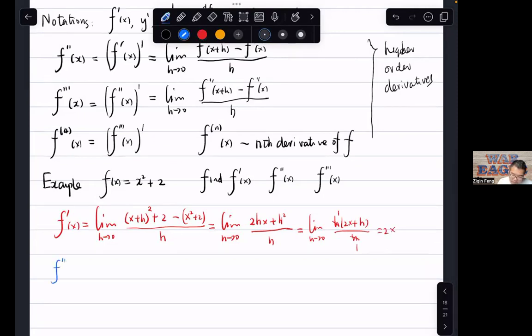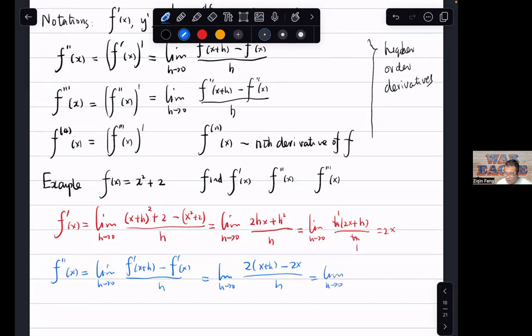Now we are ready to evaluate the second derivative. So f double prime of x is the limit as h goes to 0 of f prime of x plus h minus f prime of x over h. So this is 2 times (x plus h) minus 2x over h. Simplifying the numerator, you get 2h over h. So this is 2. The last one is the third derivative.